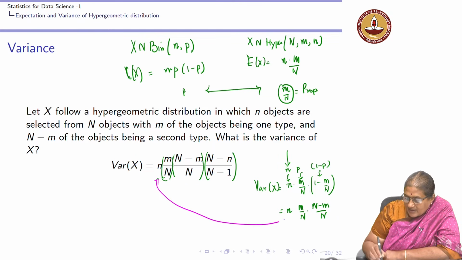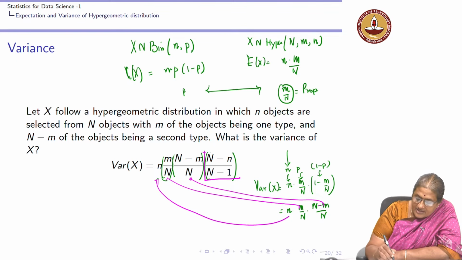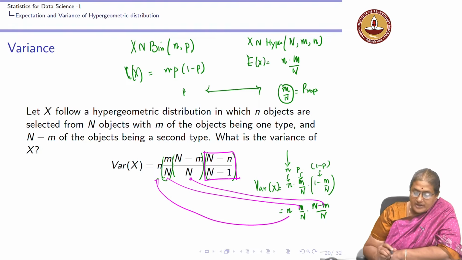I have n here, I have m by N here, I have N minus m by N. We have an extra term here, which is N minus small n by N minus 1.